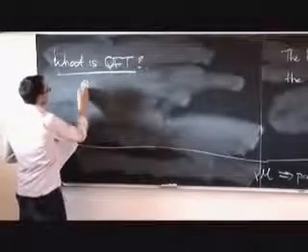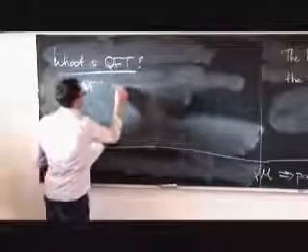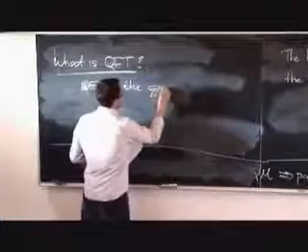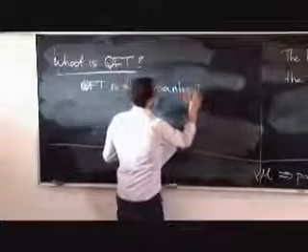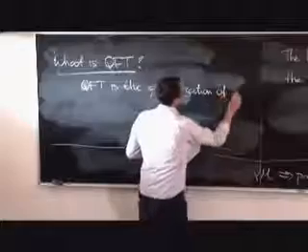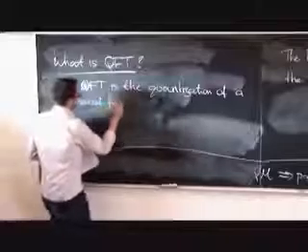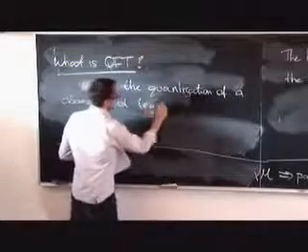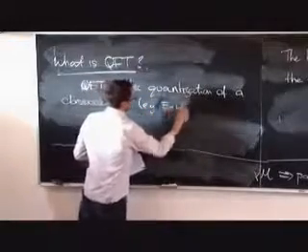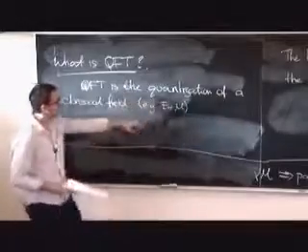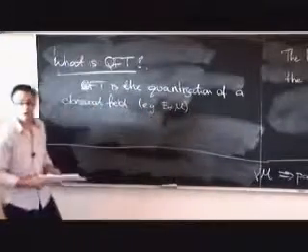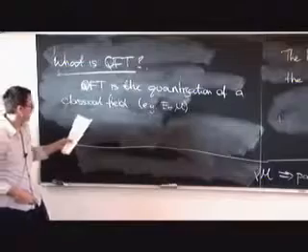Okay, so quantum field theory is the quantization of a classical field. A good example of a field to keep in the back of your mind are the electric and magnetic fields in classical electromagnetism.